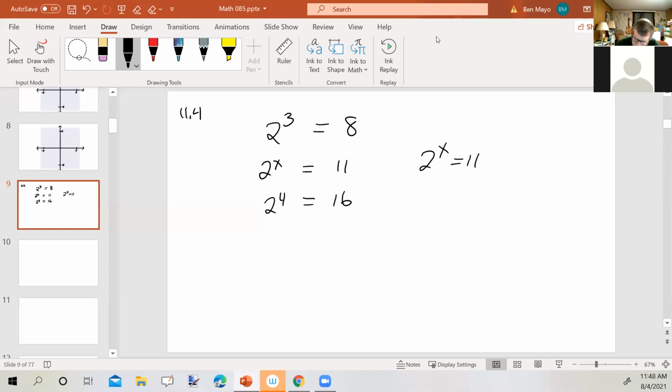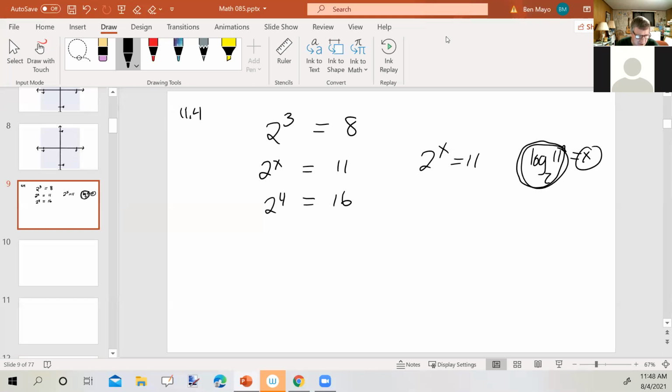We can rewrite 2 to the x power equals 11 as log base 2 of 11 equals x. Now, that still may seem strange if you've never dealt with the idea of logarithms before, but at least can you see that I've now isolated x? So if I knew how to figure out what that was, I could figure out what x is. And that's what we're going to be doing here in the next few days.